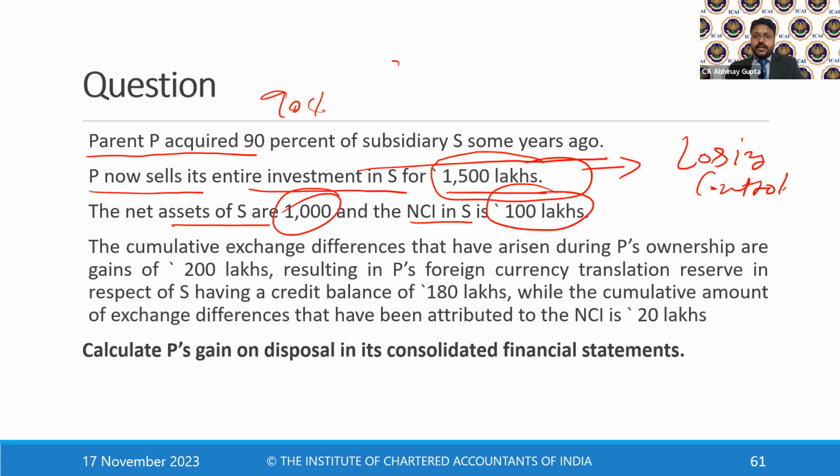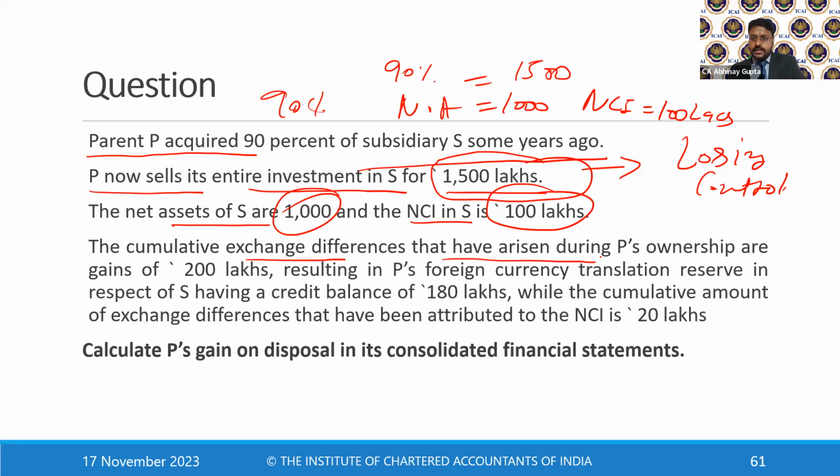So we had purchased a 90% stake, and sold it for rupees 1500 lakhs, and net assets are 1000 lakhs and NCI is 100 lakhs. That is given in the question, right? The cumulative exchange difference that has arisen during P's ownership is 200 lakhs. So 200 lakhs is the foreign exchange gain or loss accumulated during the period. In P's foreign currency translation reserve in respect of S, there is a credit balance of 180 lakhs.